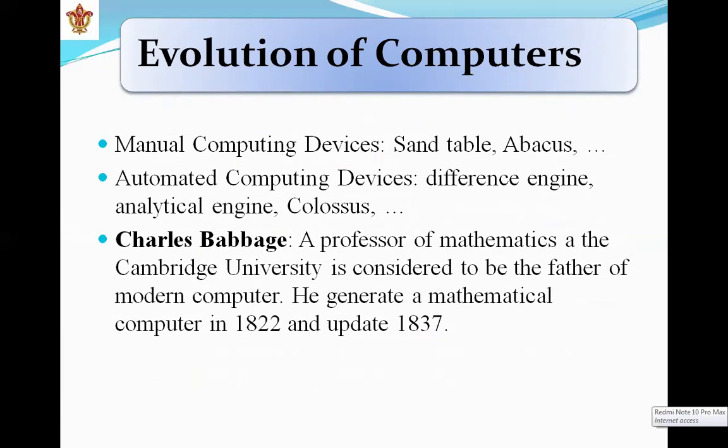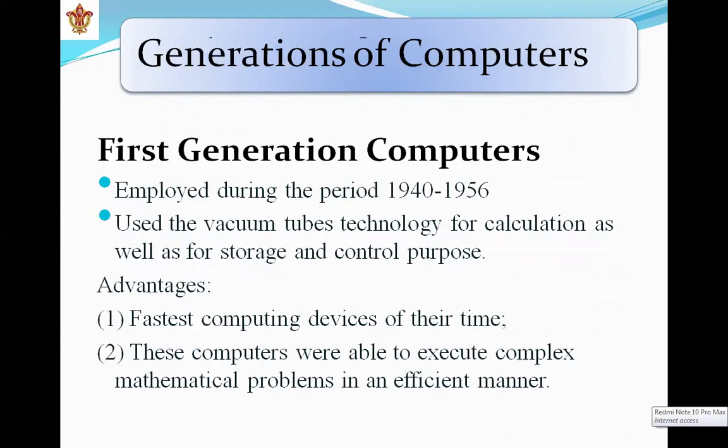He generated a mathematical computer in 1822 and updated it in 1837. In the 60s, computers evolved from professional use to personal use. The first personal computer was introduced to the public in the 1980s, when Apple introduced its first computer, the Macintosh, and has dominated the computer industry ever since with laptops and tablets.